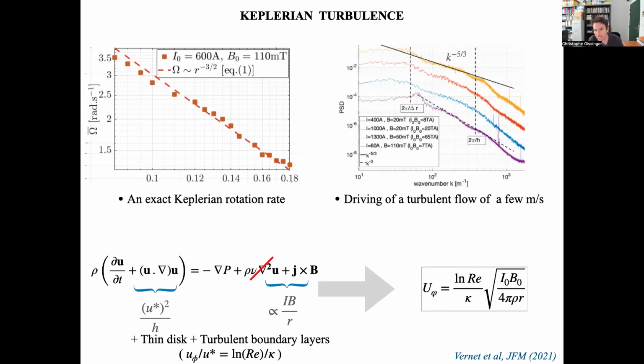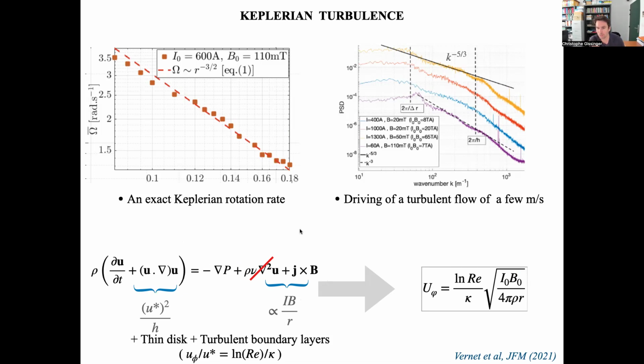So where is the Keplerian rotation coming from? Obviously, I don't have gravitation in these experiments. Roughly speaking, if you look at the force balance, because the velocity is several meters per second, you can drop the viscosity in the first-order force balance. Basically, the Lorentz force is replacing the gravitation in the force balance. The Lorentz force, which goes as 1 over the radius, is in balance with the inertia of the fluid, which is like u squared divided by the height of the disk, h.